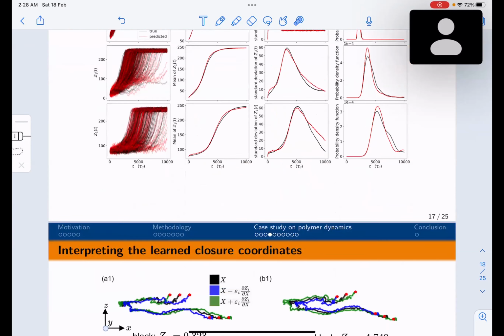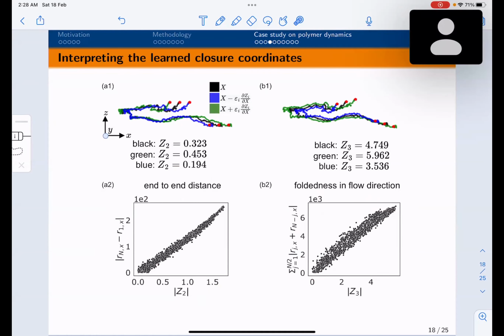The next one, we want to know what is the physical meaning of our learned coordinates, and also why the trajectories are slow, why the trajectories are fast. And for the physical meaning of our learned Z2, Z3, how could we do? We're given a polymer dynamics of the black one.